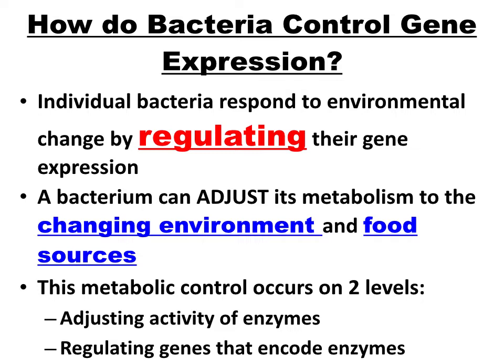Just like us, bacteria need to conserve their resources, and they need to be able to change how they function based on the environment that they're experiencing. So they need to be able to turn their genes on and off just like we do.